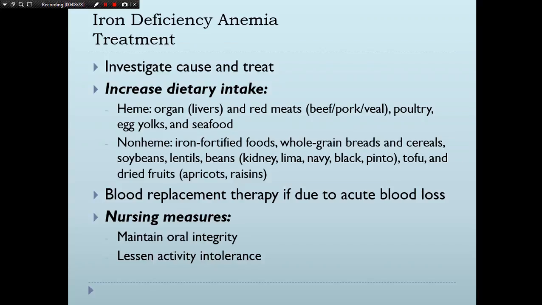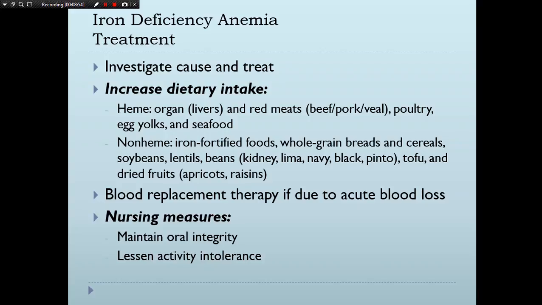So treatment is going to focus on investigating the cause and treating it. We're going to increase their dietary intake of iron. Heme products are typically best because they don't break down and there's better availability of it in the duodenum, versus non-heme products, which are more susceptible to being broken down and not being absorbed.